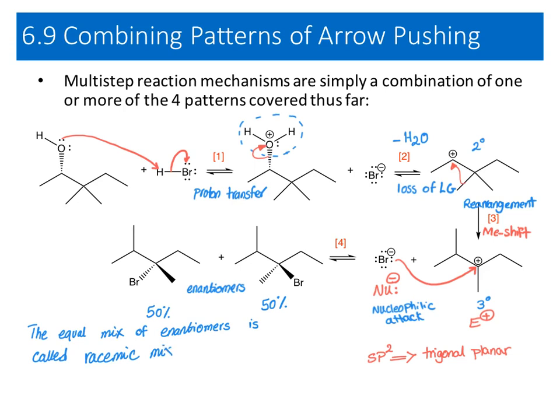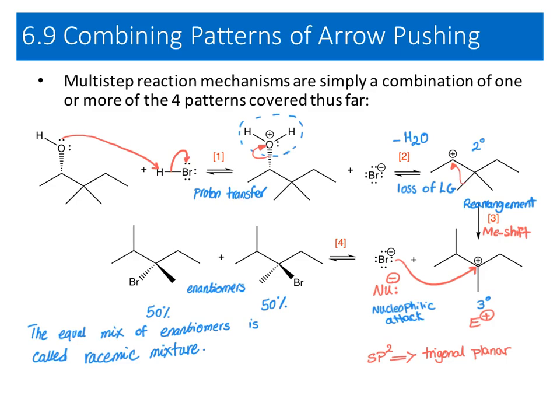We are going to talk about that later in chapter 7. So we made a racemic mixture of enantiomers. In most of the reactions, we are making an equal mixture of enantiomers. So basically, we are making a racemic mixture, unless sterics plays a role, which we are going to talk about later.